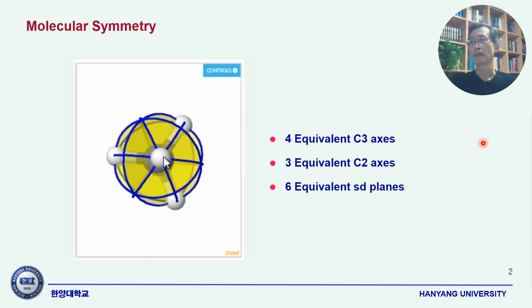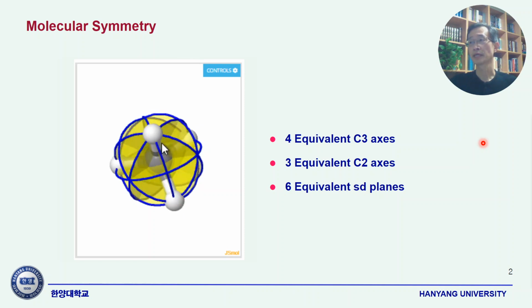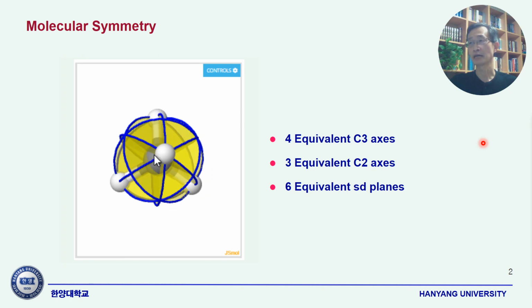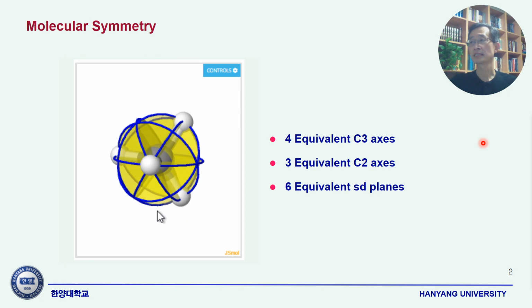So for one hydrogen atom here, there are 3 planes. We call that symmetry plane a sigma plane, so 1, 2, 3, and if you rotate it, you have this one, and this one you already counted, so 1, 2 more sigma planes. And also if you rotate the other way, probably this one is another sigma plane. So you have 6 sigma planes.